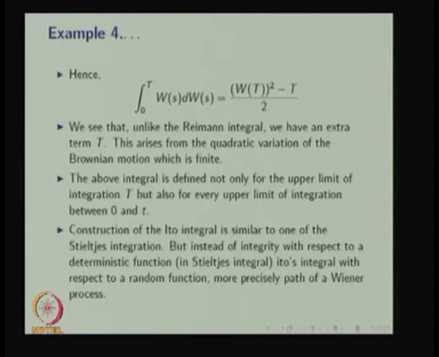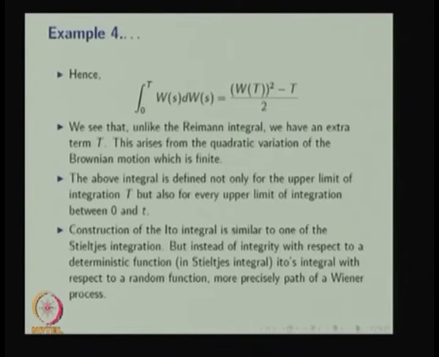You see, the construction of the Ito integral is similar to that of the Stieltjes integration, but instead of integrating with respect to a deterministic function, the Ito integral is with respect to a random function, precisely the path of the Wiener process. So that is the difference between the Ito integral and the usual integral.